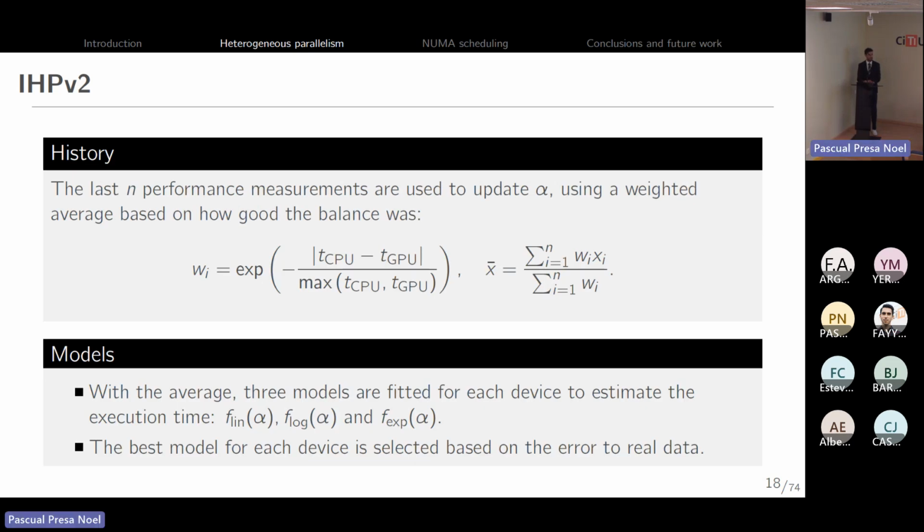In this second implementation, we used the last M performance measurements to update the value of alpha using a weighted average method based on how good the workload balance was in that particular measurement. Once we have this average, we fit three different models: linear, logarithmic, and exponential for each device. And we pick the one that fits better the real data.